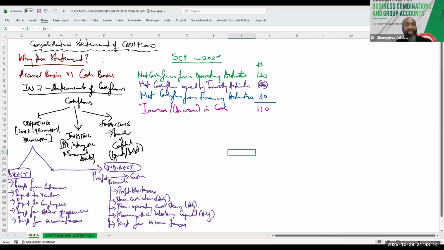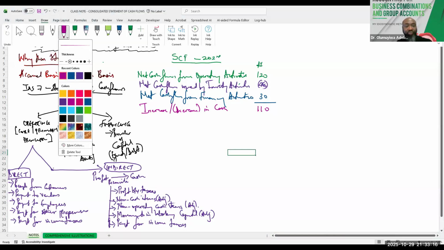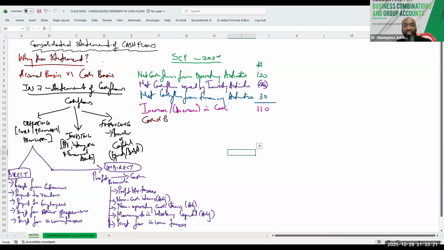Now, invariably, I need to now bring forward my cash and cash equivalent at the beginning of the year, maybe 90.